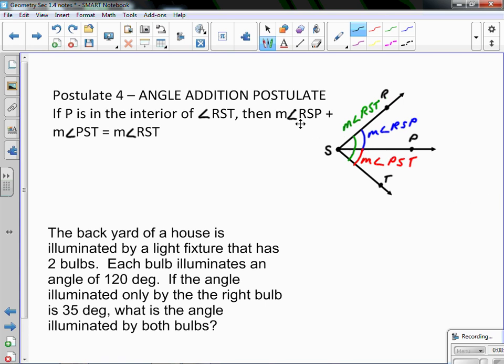So in this picture, I can say the measure of angle RSP, this angle here, plus the measure of angle PST, this bottom angle here. If I measure those two and add them together, then that's going to equal the measure of angle RST, the outside angle. So the two small ones added together equal the whole, or the big angle.